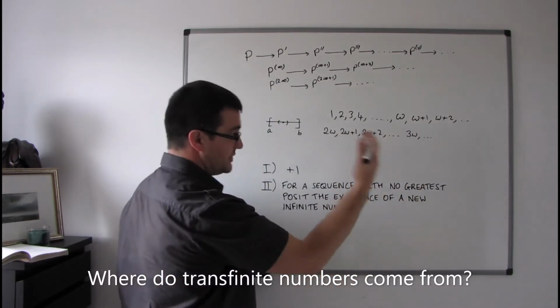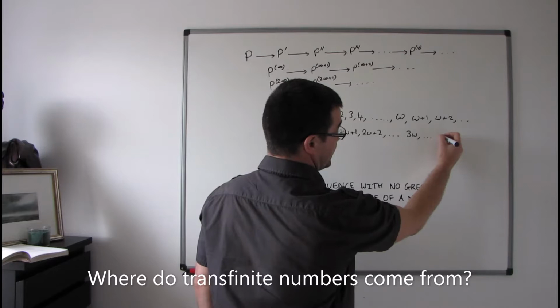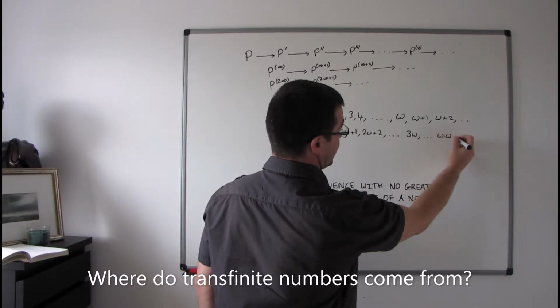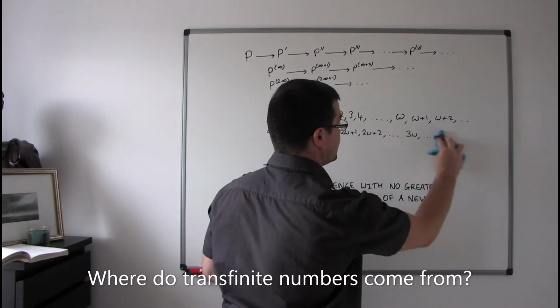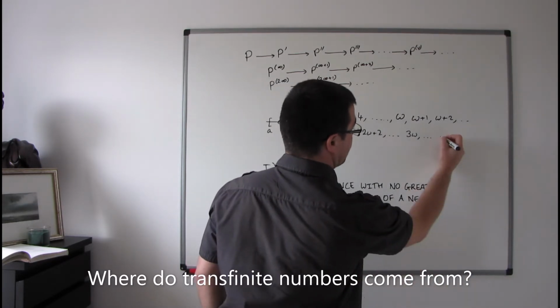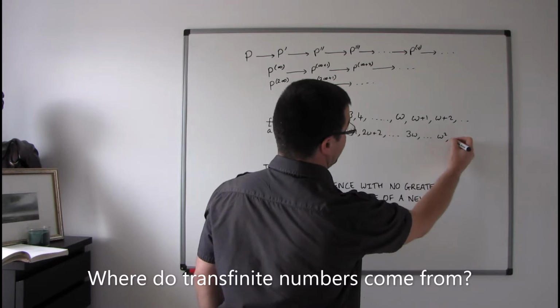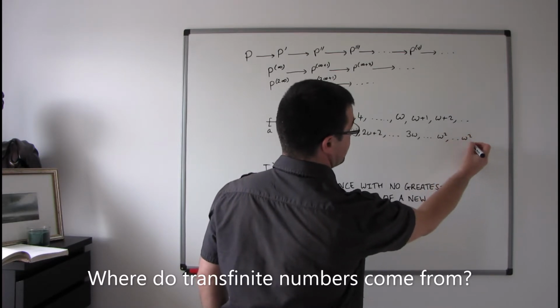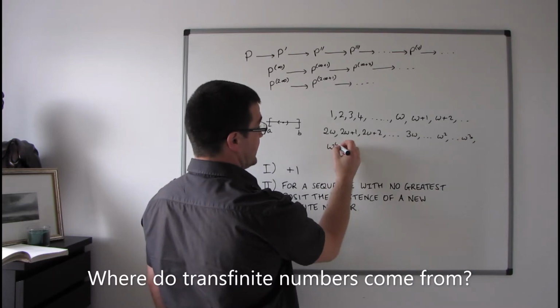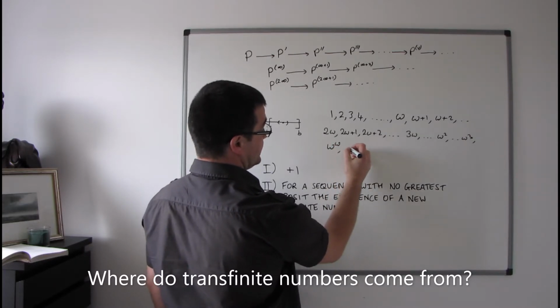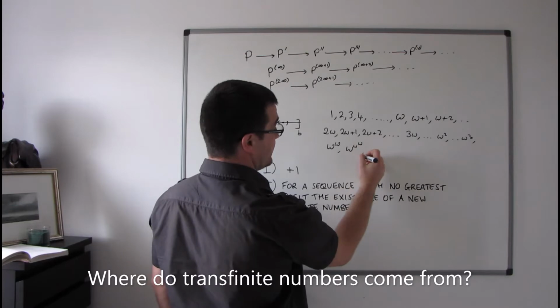And then we'll get to potentially omega times omega, or omega squared. Let's write it as omega squared. And then I'll get omega cubed at some point, and then potentially omega to the power of omega, and omega to the power of omega to the power of omega, etc.